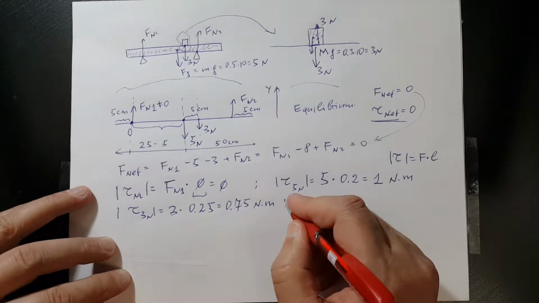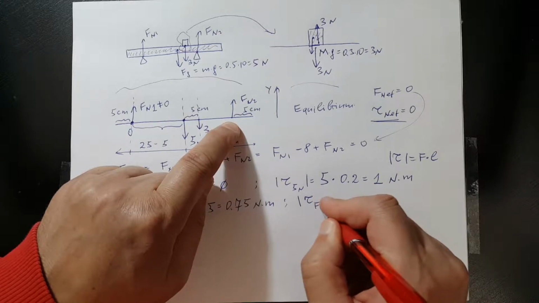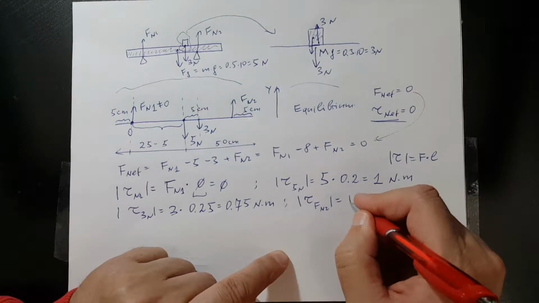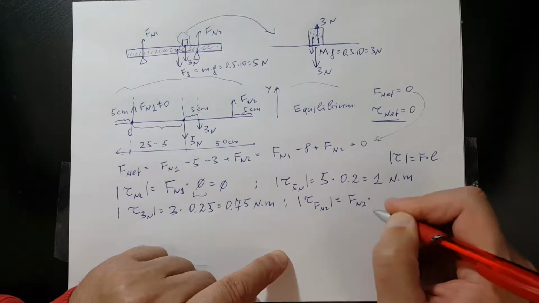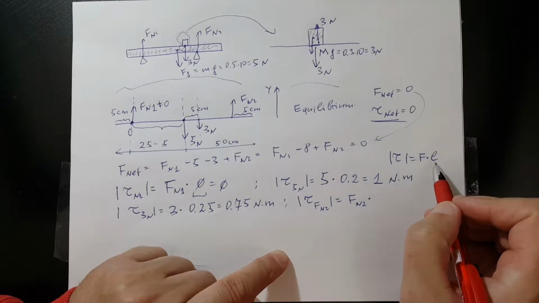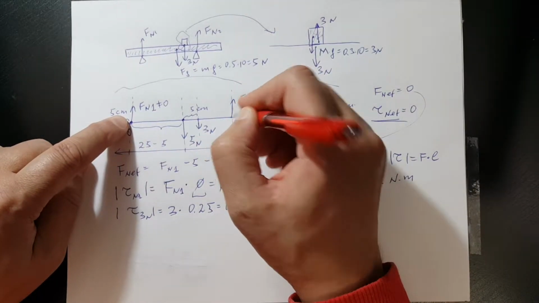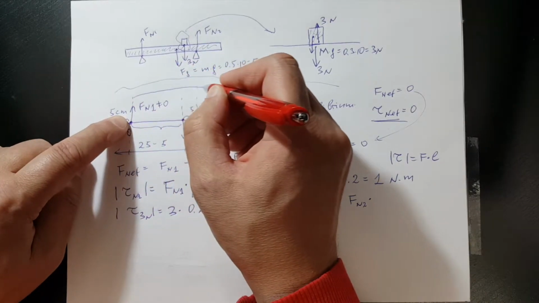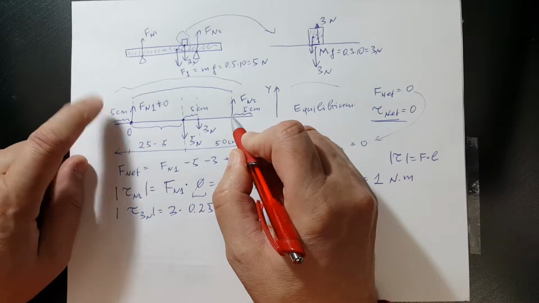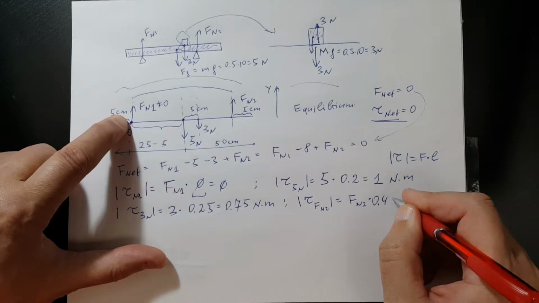And finally, one more magnitude of the torque, due to that force. We don't know the force again, so we write something which represents its magnitude. And we multiply by the lever arm, the shortest distance from the axis to this line of action. That's going to be 50 minus 5 minus 5, 40, or 0.4. And that's it.